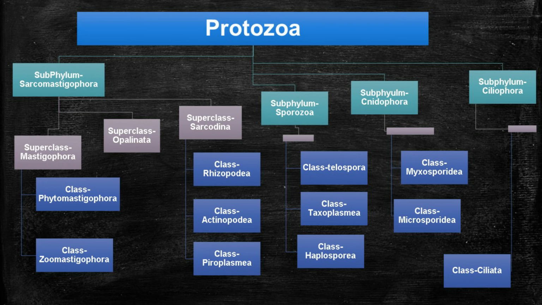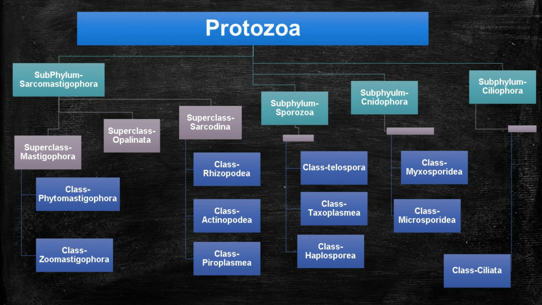Now, subphylum Cnidophora. All organisms are parasitic and they thrive on spore formation throughout their life. A few of the adult stages are known to have multiple nuclei. Then we'll move forward to subphylum Ciliophora. These are complex protozoan organisms and they have definite form and size, and they have the locomotory organelle cilia.